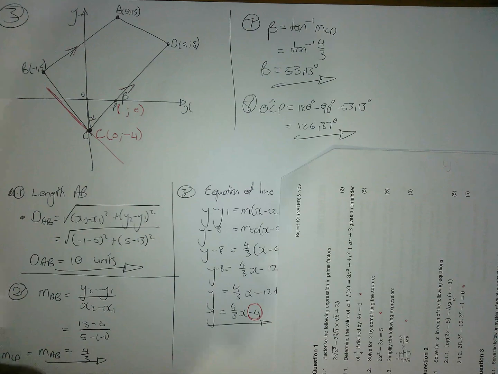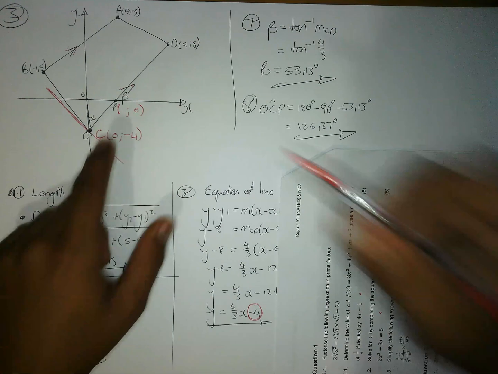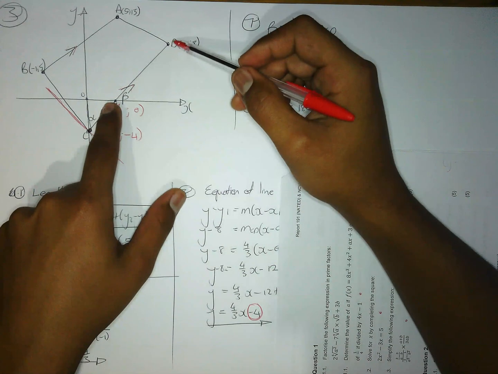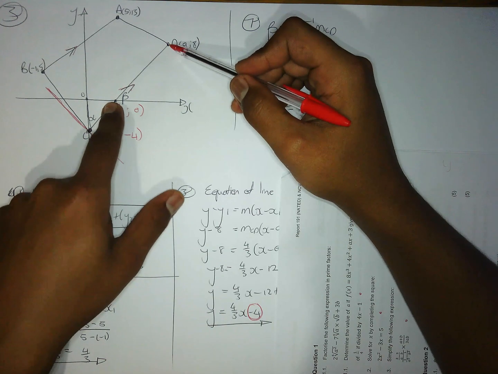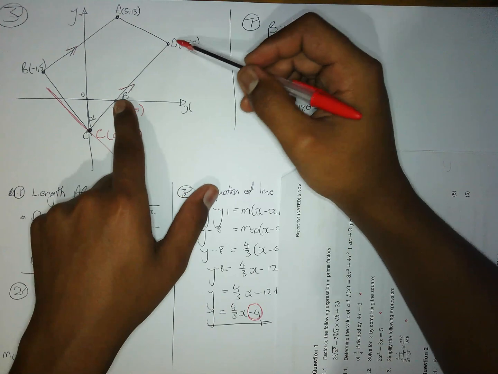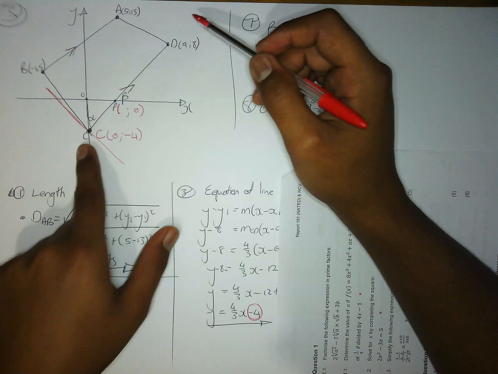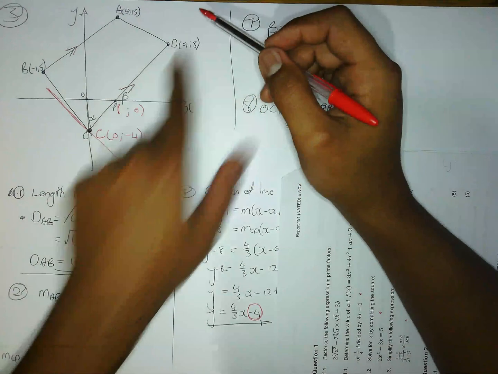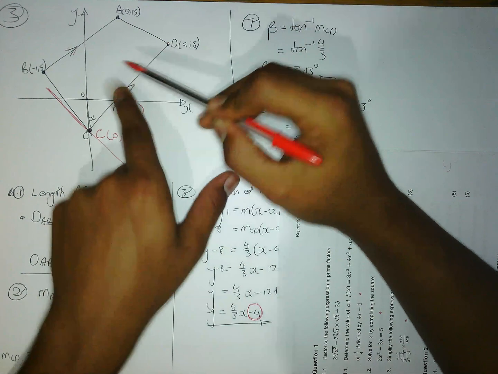So I'm going to use the gradient formula and manipulate it to get my x. I'm going to use these two coordinates to substitute into my gradient formula, because as long as the coordinates I use are on the line with the same gradient, the gradient will be the same. The gradient here is the same as the gradient there, the same as the gradient here.